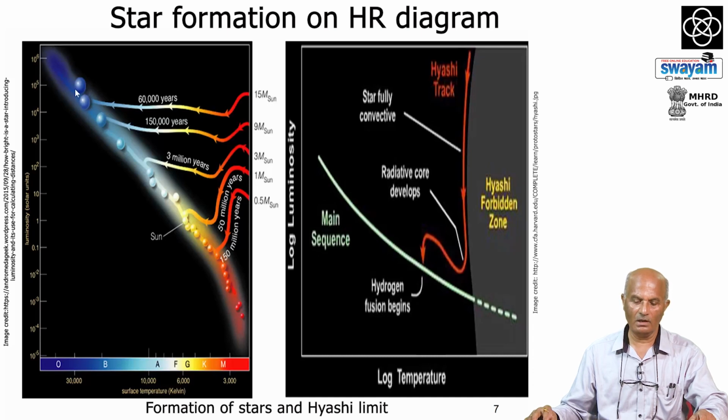Stars like O type have masses more than 15 solar mass or so, and then we have other spectral types in between, and 1 solar mass is about G type, and then subsolar mass.